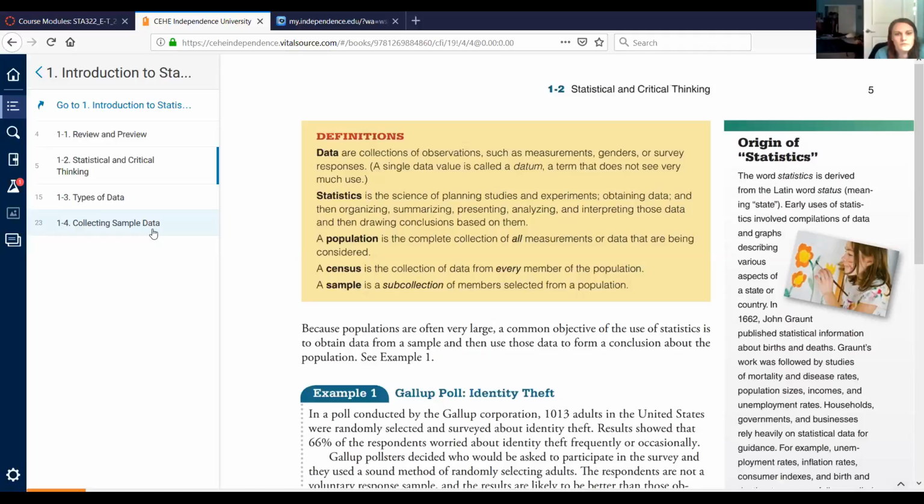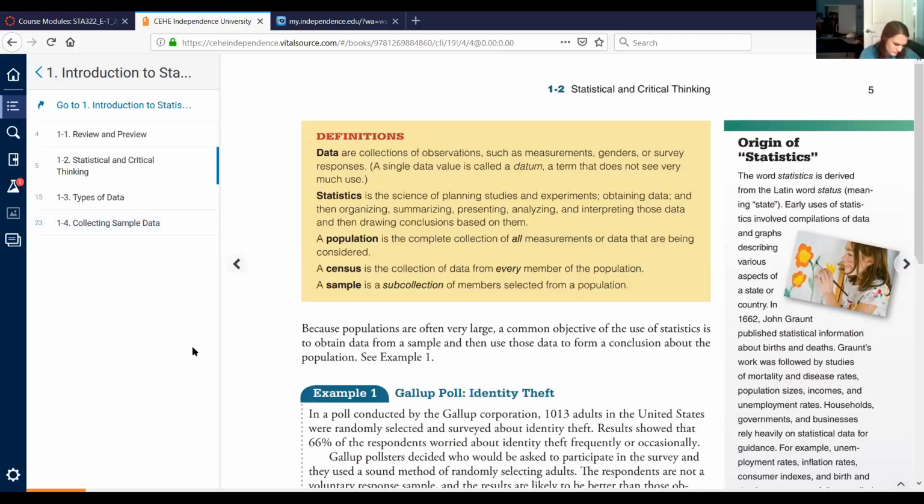And then statistics itself is both the science of planning these studies and obtaining the data, and then the analysis, interpretation, and conclusions and presentations that we come up with at the end. So statistics as a science is one thing, the process of statistics is another. Here we're going to be going into a lot of the processes.